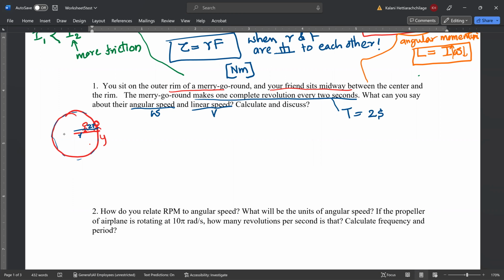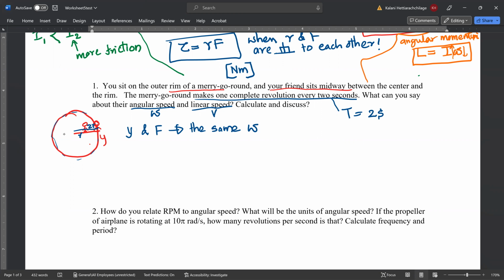So now you're going to write: you and your friend both have the same omega as we discussed earlier, right? Because the merry-go-round is rotating with the same angular speed.